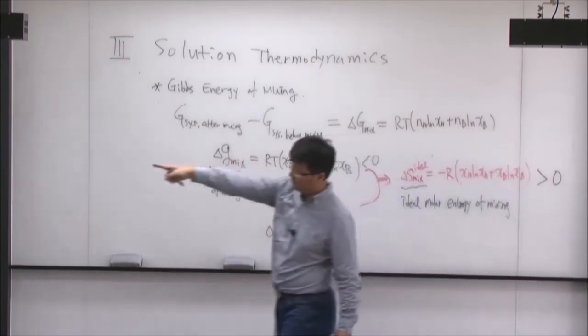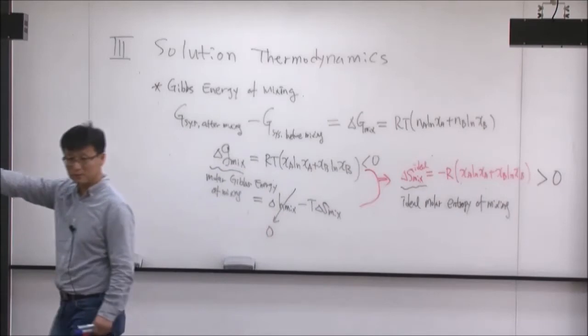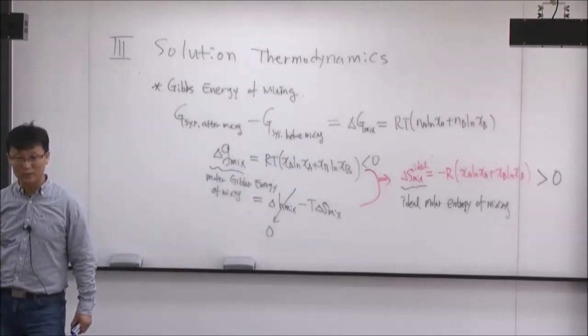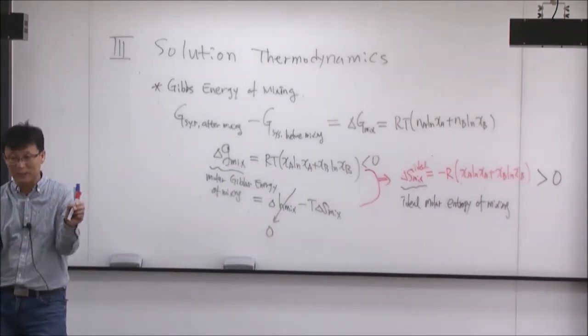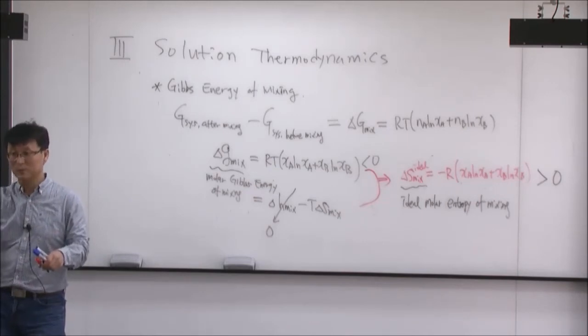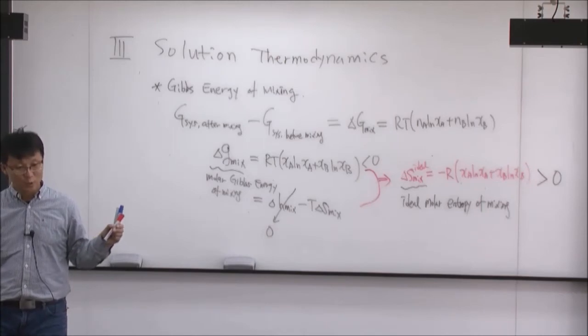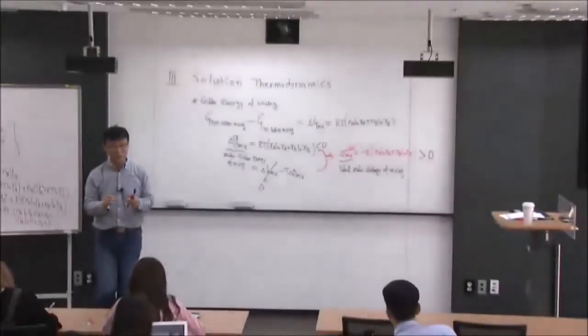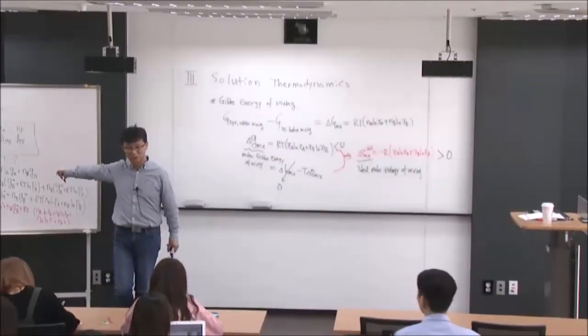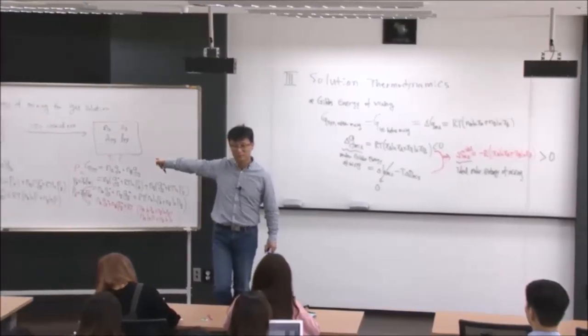That means when you have this kind of process, when you have the unmixed gas, if you just remove the barrier between the unmixed gas, it always wants to mix together because in that way it can reduce the Gibbs energy of the system.